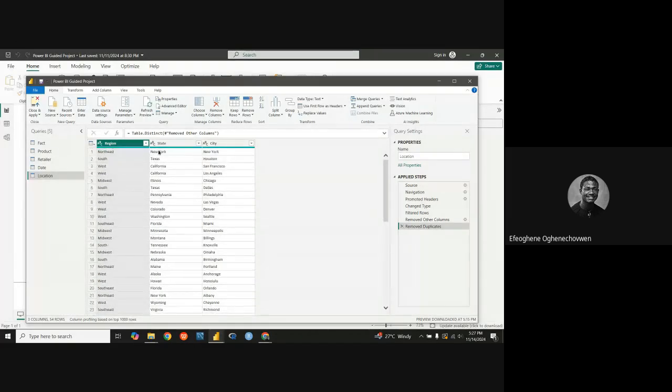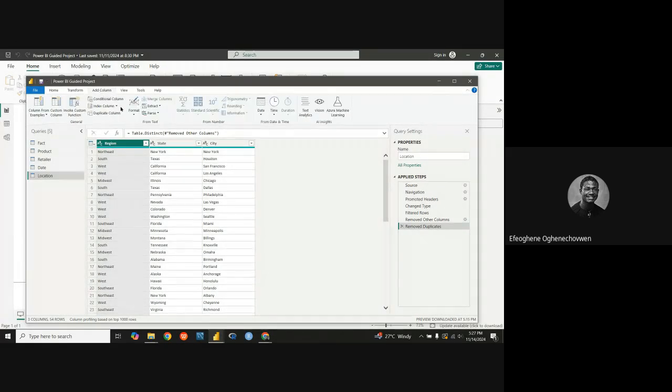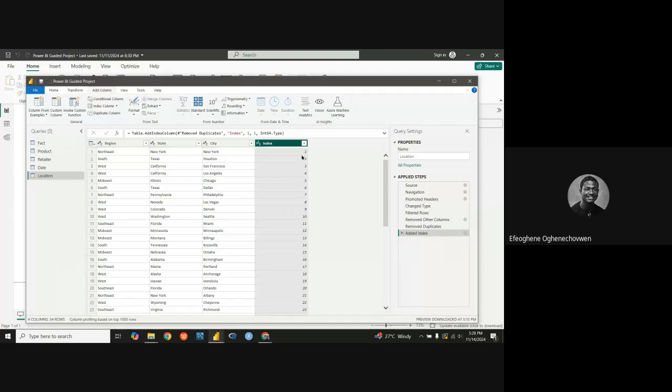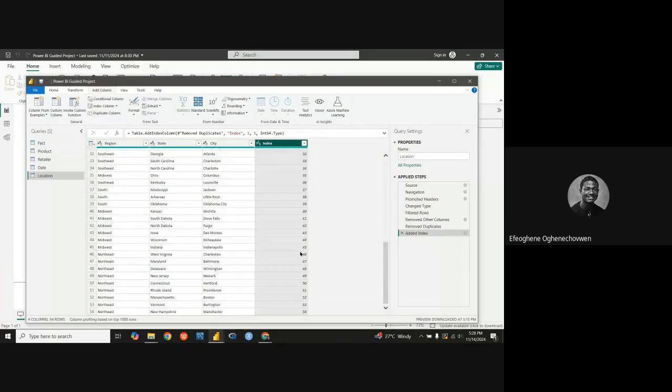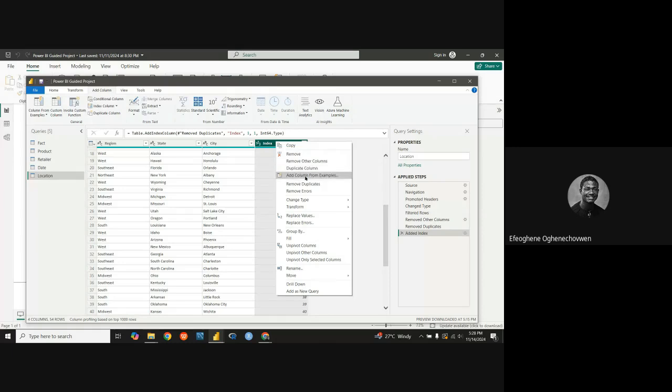So I'm going to create an index. In the next 4 minutes, I should be done with this. Create an index. All right, so I rename this. Where's my rename?